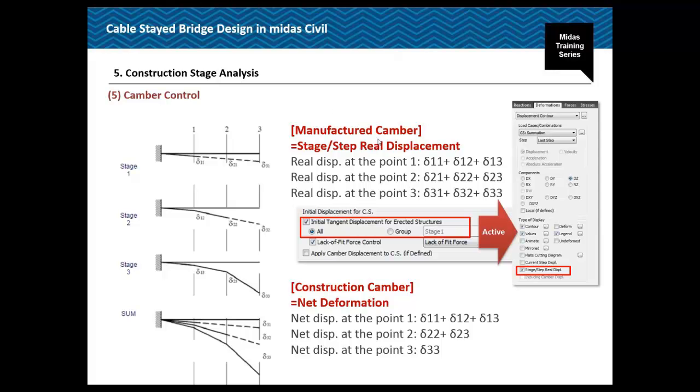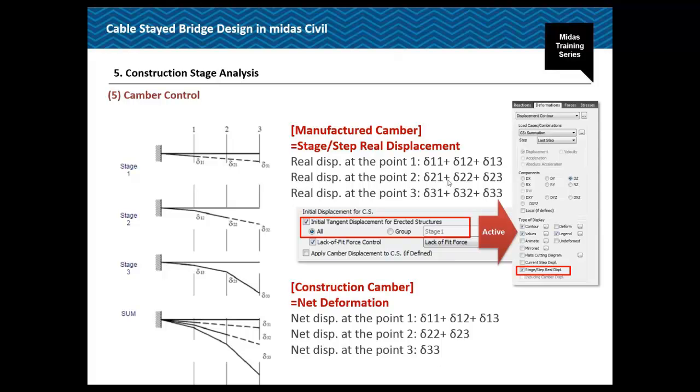In manufactured camber, the important thing is the tangential displacement should be considered. But in the construction camber, tangential displacement can be adjusted with the leveling of the formwork. So only the net deformation is important. So deformation will be differently calculated in case of the manufactured camber and the construction camber.